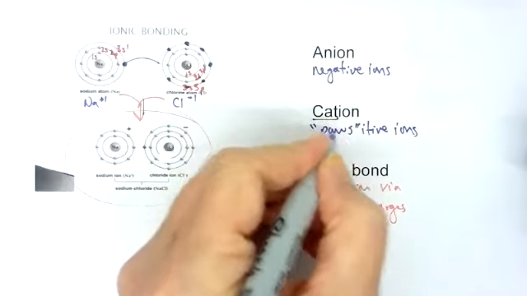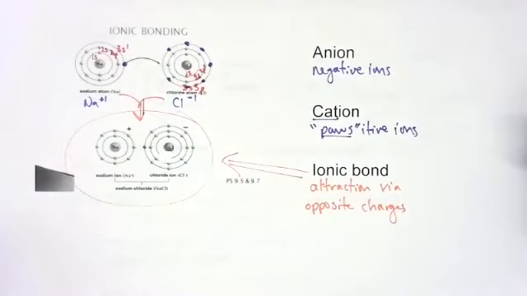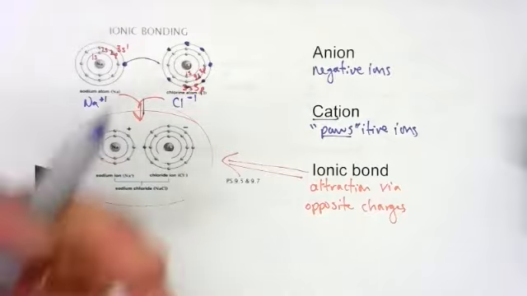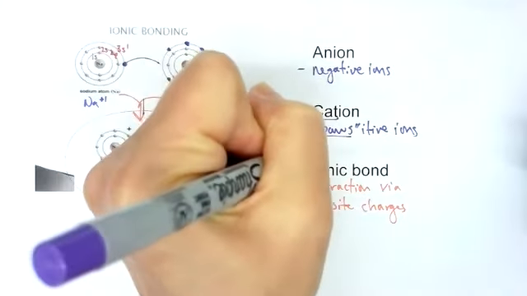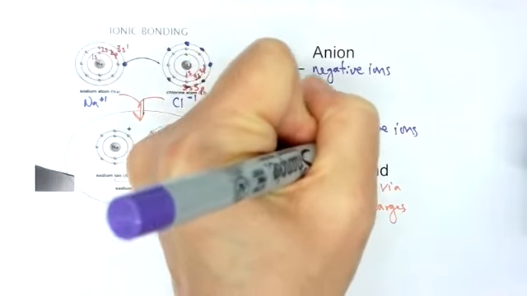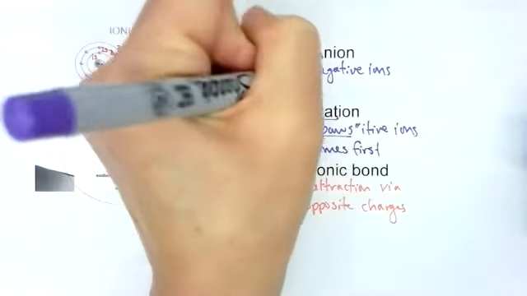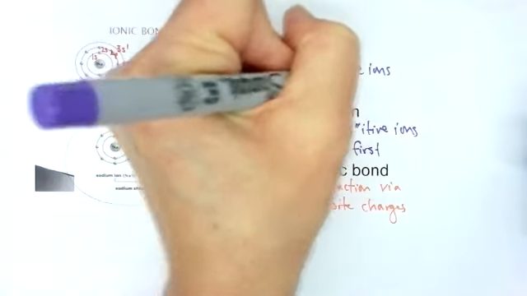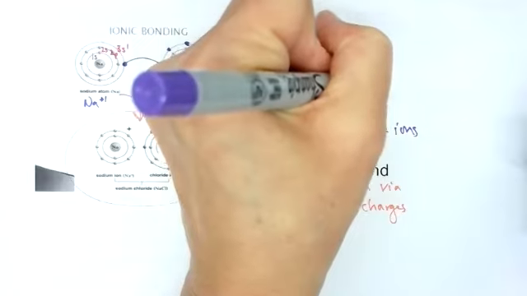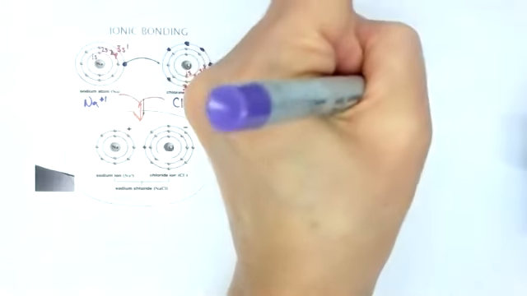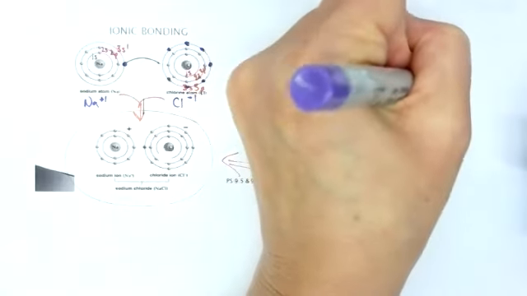Get it? Because cat and paws. So cations are positive, anions are negative. When we're writing the names of compounds, the cation always comes first, and the anion always comes second in a compound name.